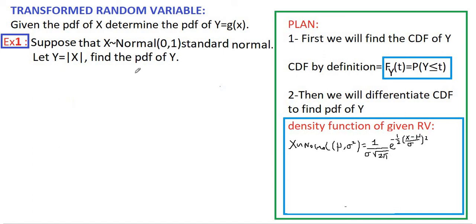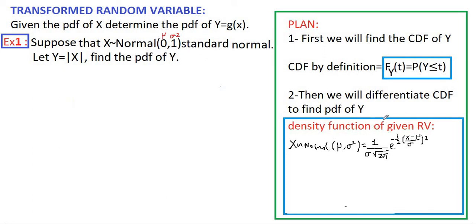And in our problem we were given x standard normal with parameters 0 as the mu and 1 as the sigma squared. That is the definition of the standard normal variable.